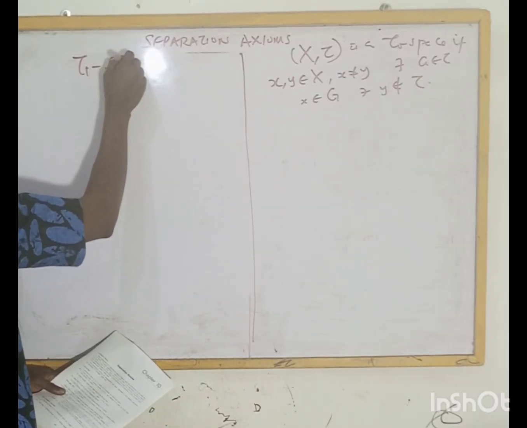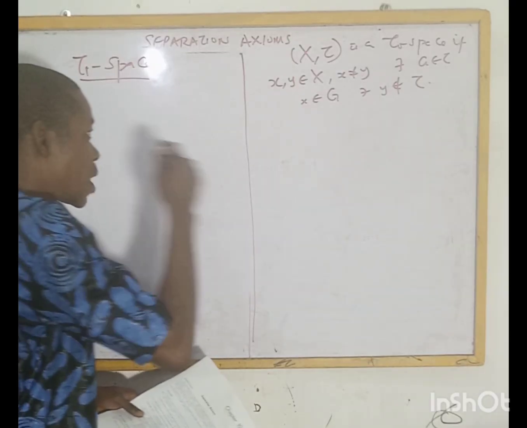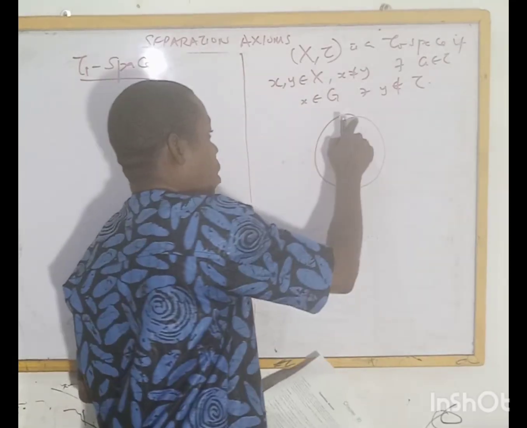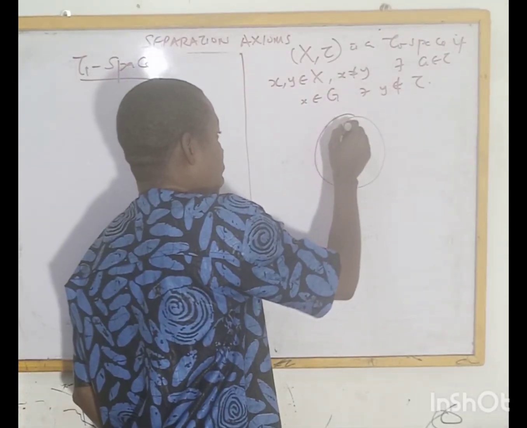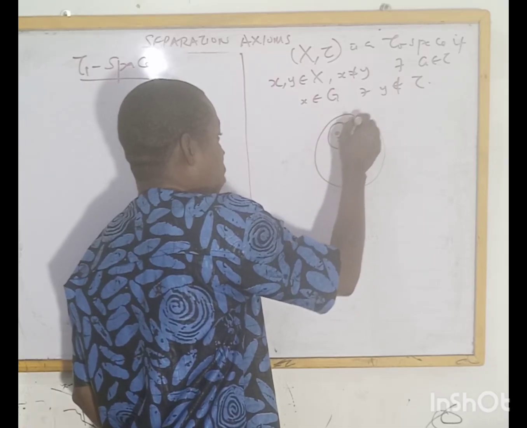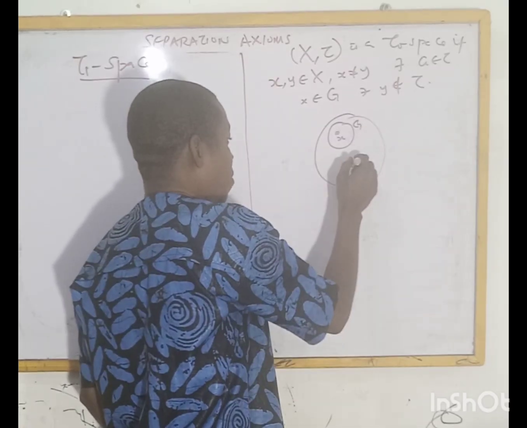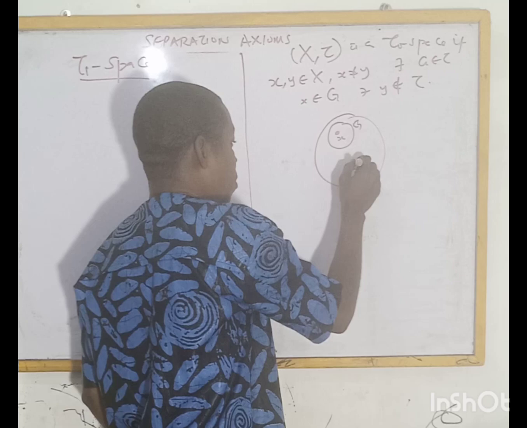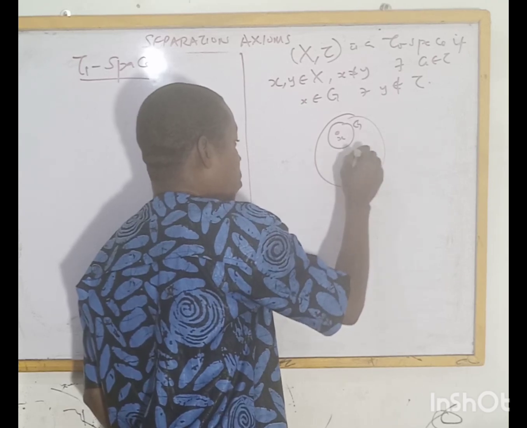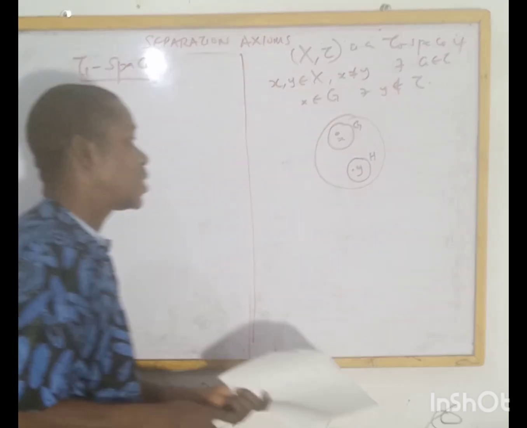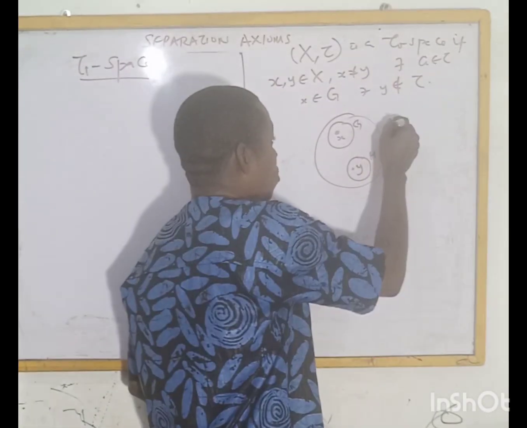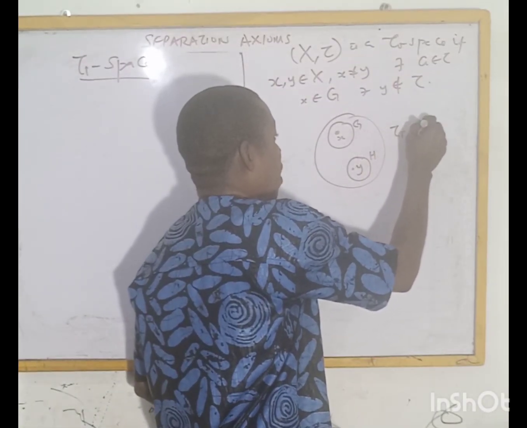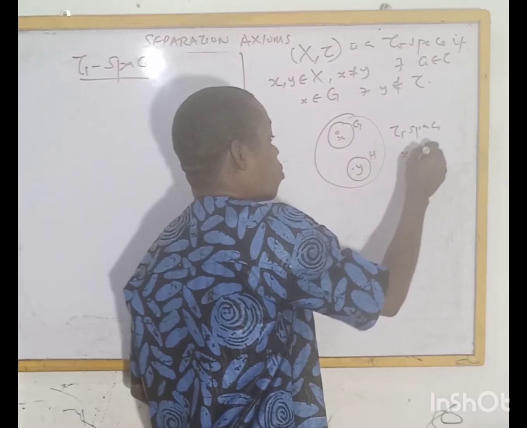Now, today we talk about tau 1 space. What does it mean? In a tau 1 space, you have a space like this, and a point x that is contained in an open set G, and another point y that is also contained in an open set H. Note that x is not equal to y.